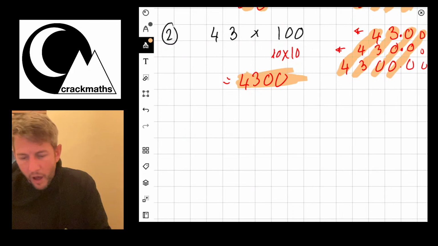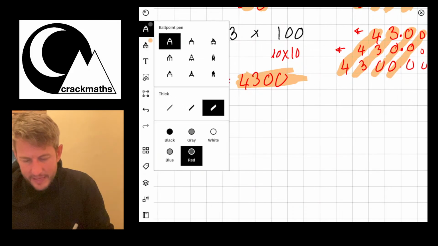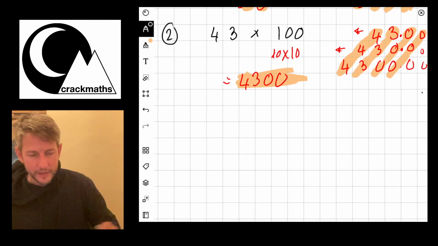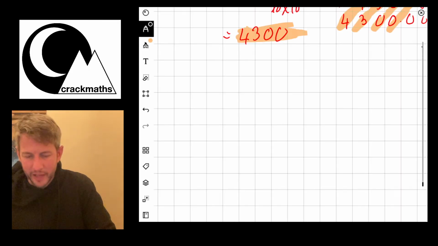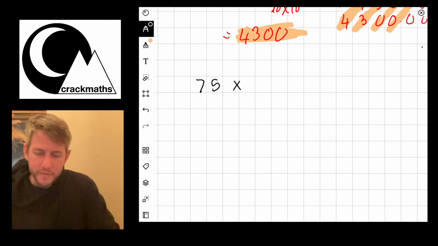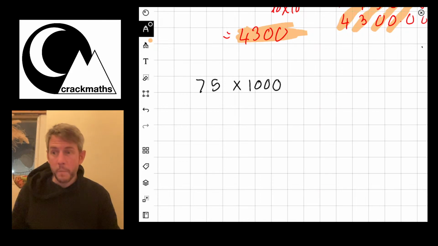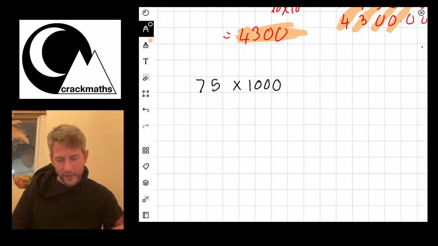So what I want to do now is have a look at a question, something like, let's say this time I'm going to look at 75 multiplied by 1,000. Okay, so in order to do this, I'm going to lay it out again.